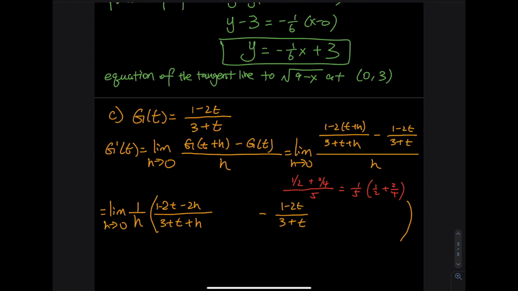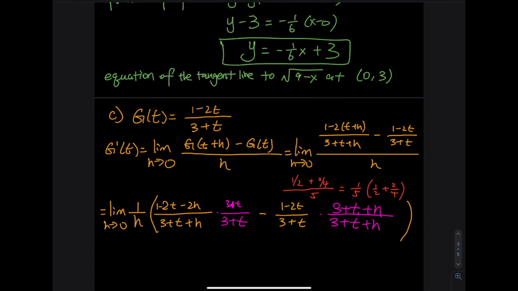So let's do the common denominator in a different color. So this one, I want a 3 plus t. So I'm going to multiply the top and bottom by that. 3 plus, not 3t, 3 plus t. And then the other side, I want a 3 plus t plus h. So 3 plus t plus h, 3 plus t plus h.